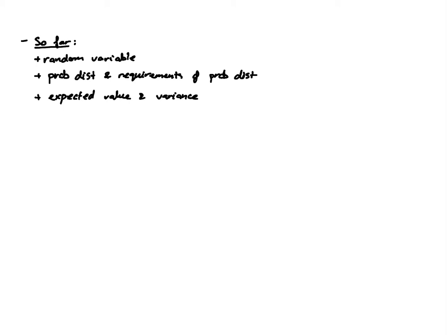Now, the fact of the matter is there are many different probability distributions out there, but there are some common ones that show up a lot in many applications. And so what we're going to do now is start looking at some common probability distributions in the real world.